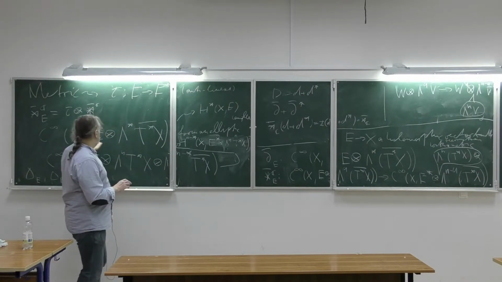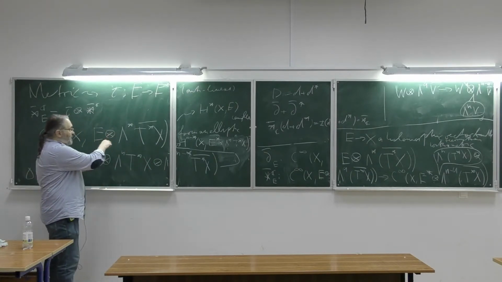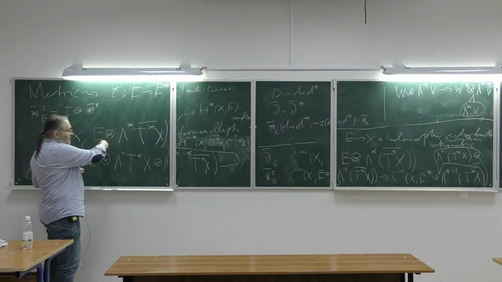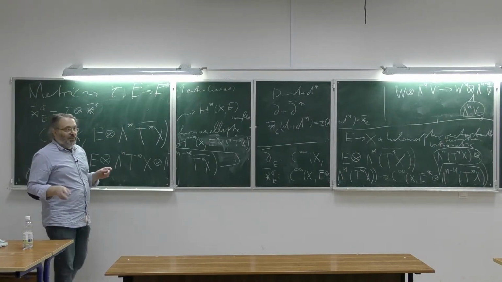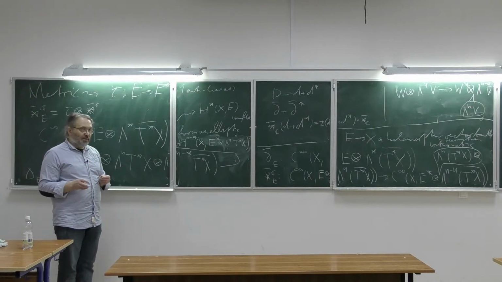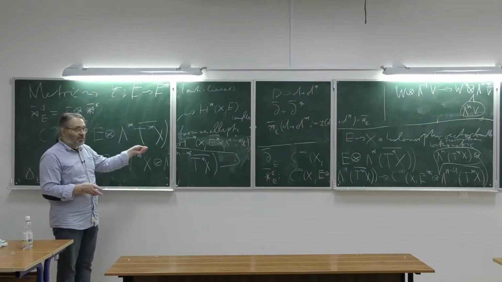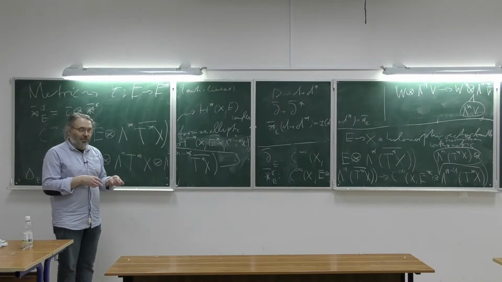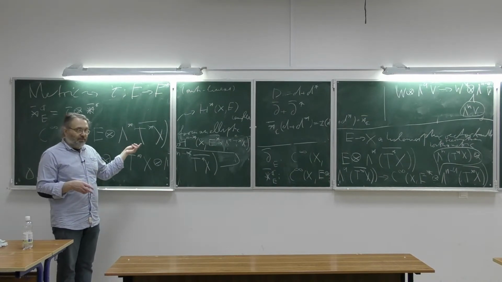So we have this elliptic complex, and inside the sections of these bundles, there will be spaces of harmonic elements which will vary from metric to metric. They will have the same dimension, because they're all isomorphic to the cohomology groups of the sheaf.